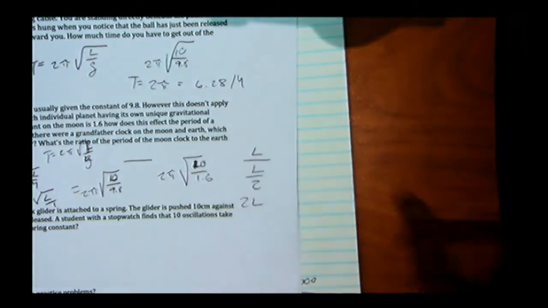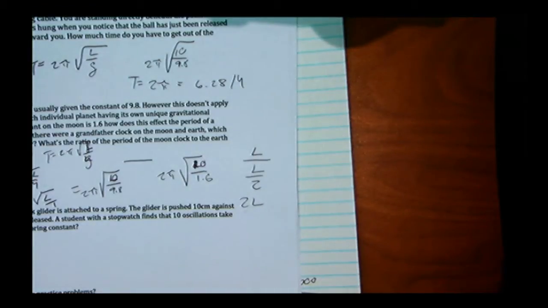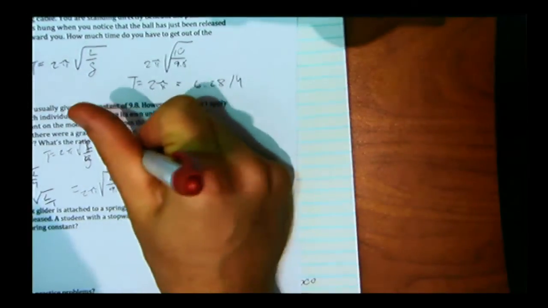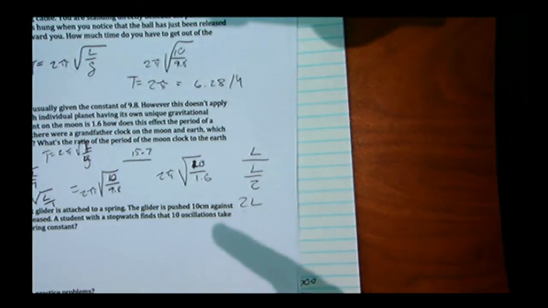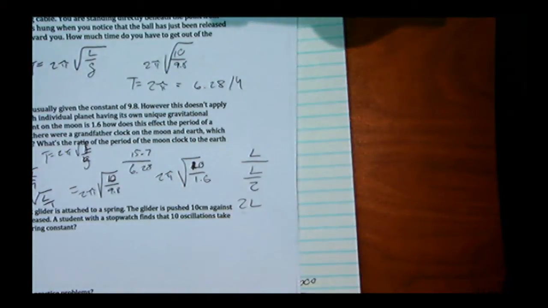Okay, and what's the left one? So then this one's going to be 6.28. And what's that ratio? If you divide 15.7 by 6.28, 2.5? Okay, good. So that works out. So these are the kind of good things to go over for simple harmonic motion.